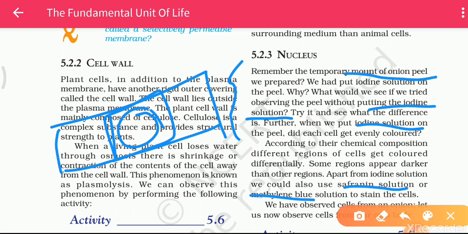You can easily see the nucleus and other organelles if we put the iodine, safranin and methylene blue solutions.